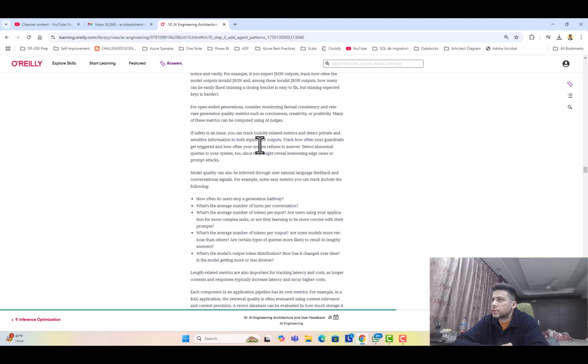Many of these metrics can be computed using AI judges. Yeah, so an AI judge is also one of the important parts of building a Gen AI application. So far, I think the author has not touched upon this in this particular chapter, but an AI judge is a vital cog as far as your Gen AI application is concerned.